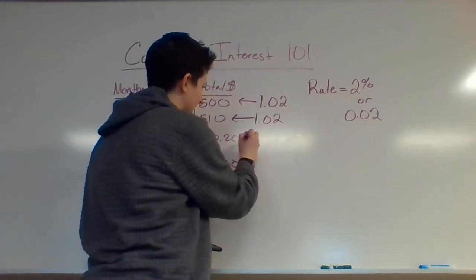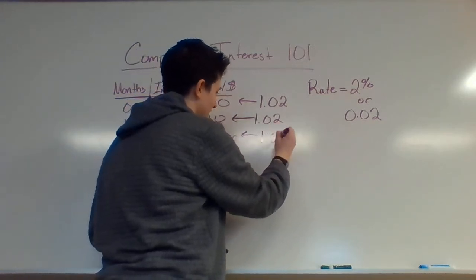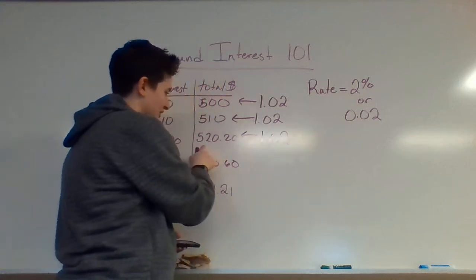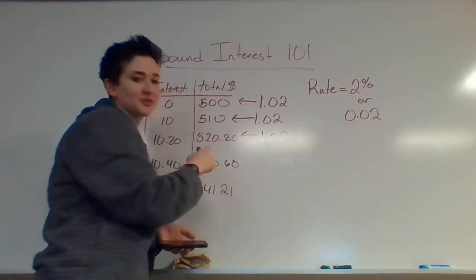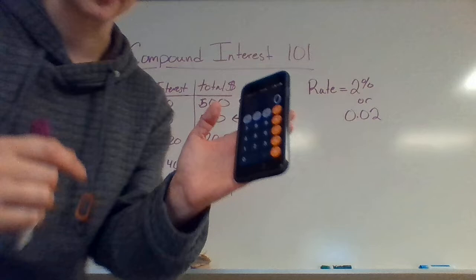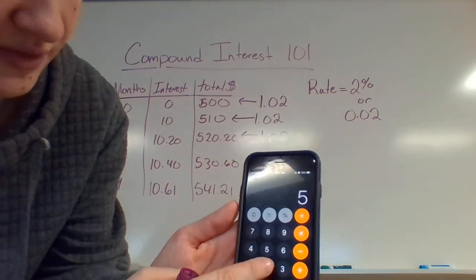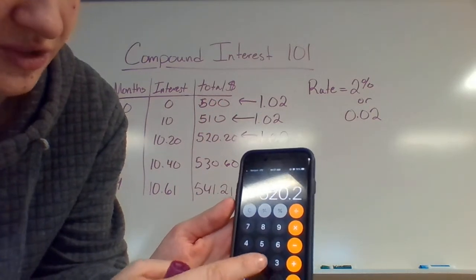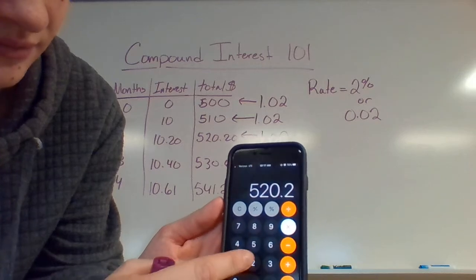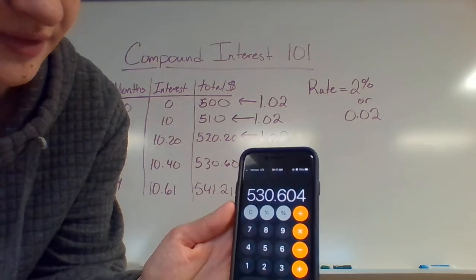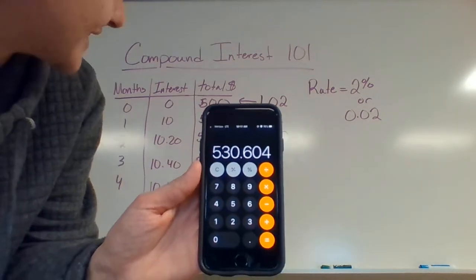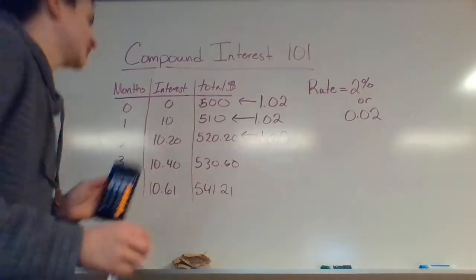Remember, we're multiplying by 102%, or 1.02, so I should get 520.20 plus whatever 2% of that is. So let's try that one again. 520.2 times 1.02 equals 530.60, which, if you'll notice, is my next one.